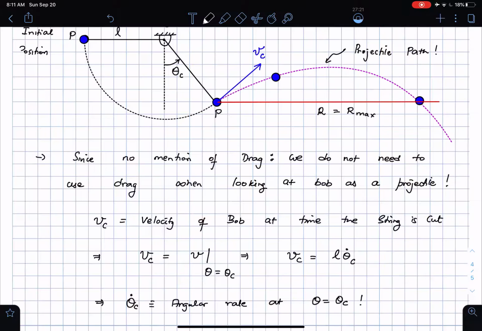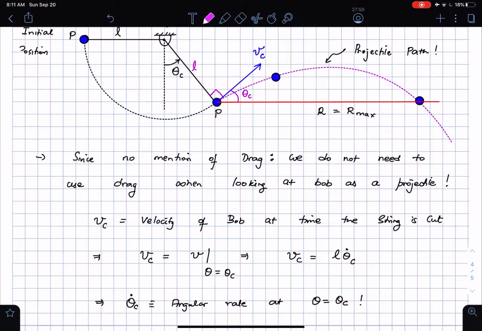Which essentially means, can I find some angles before I go on and do other things? I can do that very quickly. Let me show you here. You see this angle here at the point at which it is cut, the angle between vc and the string, which has a length L, is 90 degrees, which means that it can be easily seen that this angle here is going to be theta c.